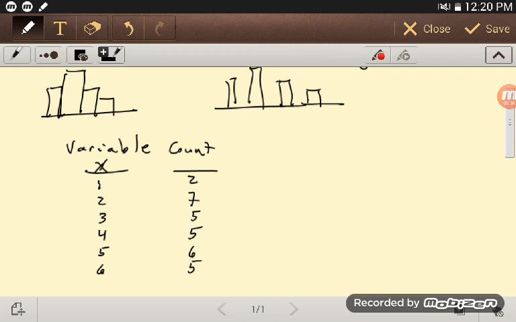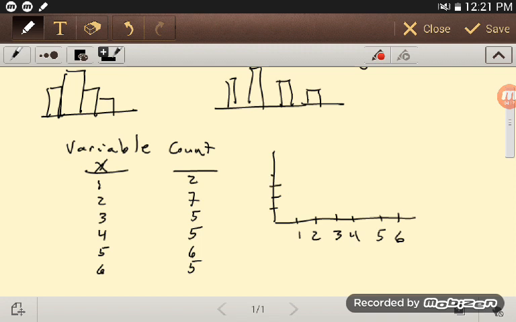And so I could have that count. I've represented this in a table, but I would like to represent it graphically. You could think of it as kind of like x's and y's, because I've got my 1, 2, 3, 4, 5, 6, and now the counts are going to be the y variable.